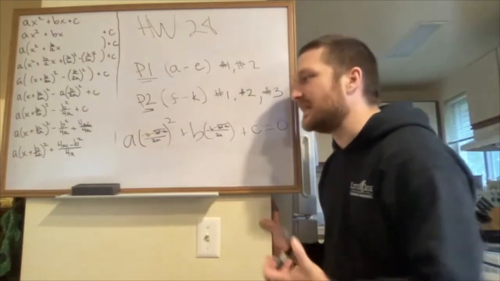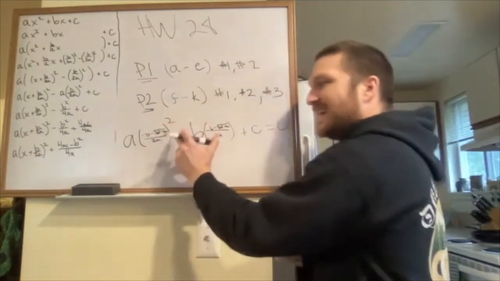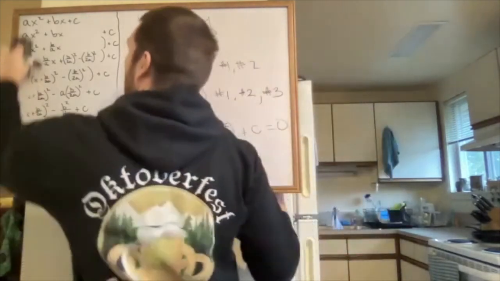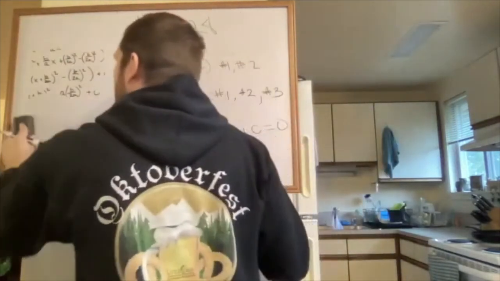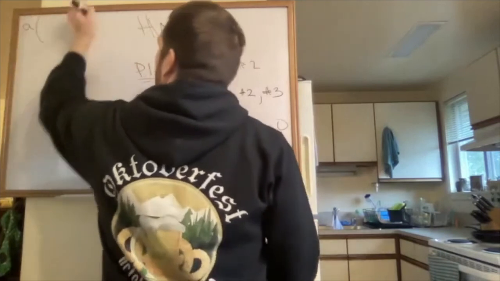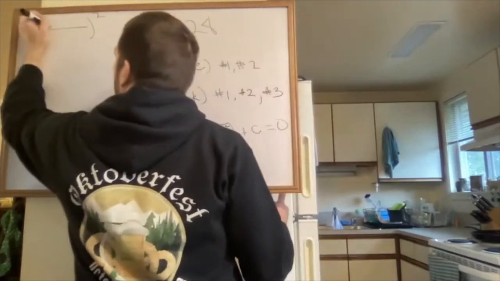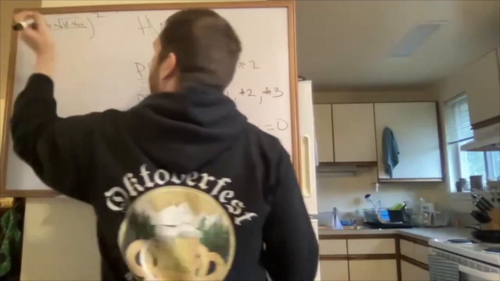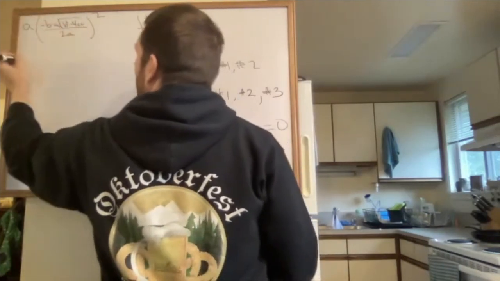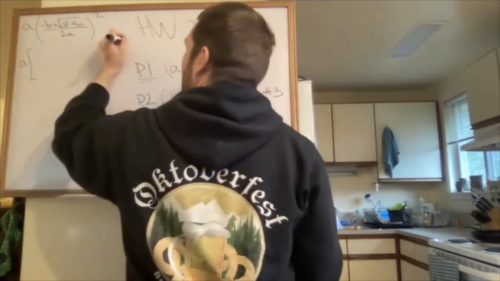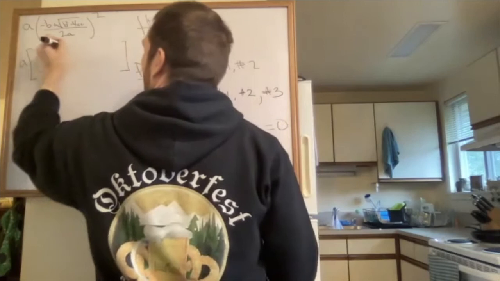It's just a little tedious, especially since in this first case, in fact, I'm going to go ahead and write it out right here. What you're going to have is a times that squared over 2a. So that means a times this thing times itself.